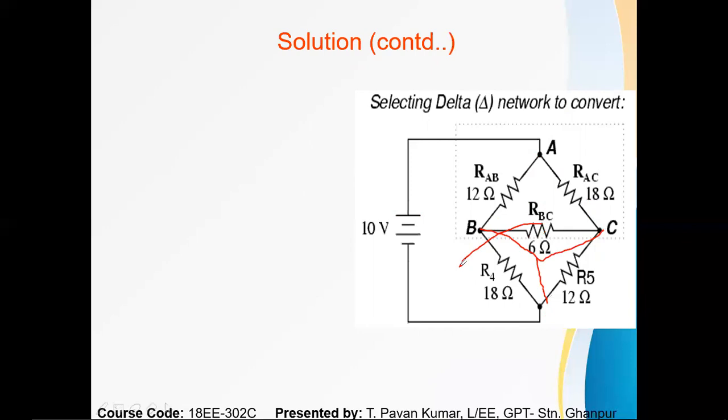For BCD, 18 into 6, how much? Let me calculate. 18 into 6 divided by 18 plus 12 plus 6, which is 36. The value will be 3 ohms. What about 12 into 18?